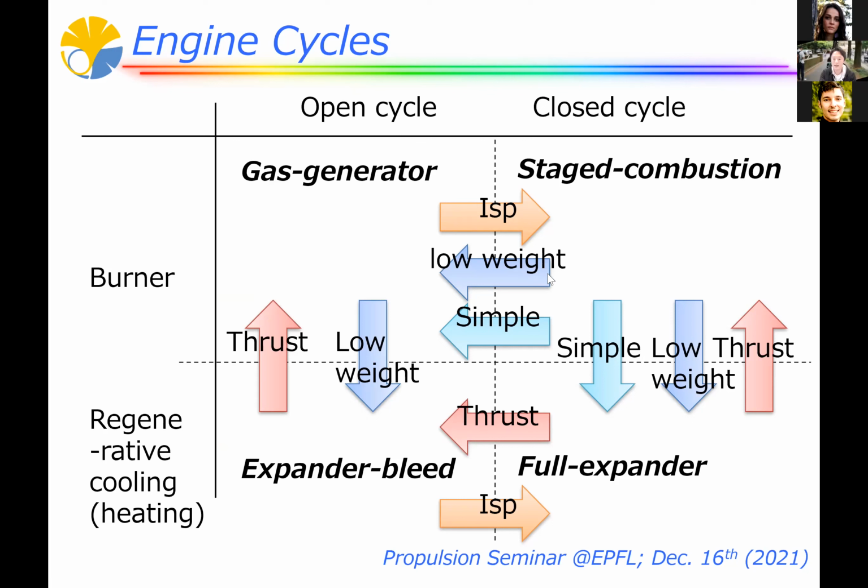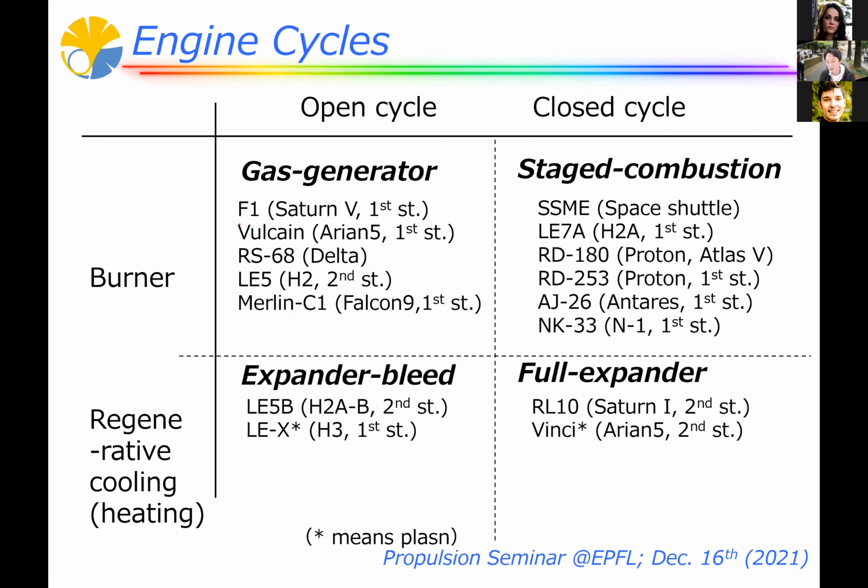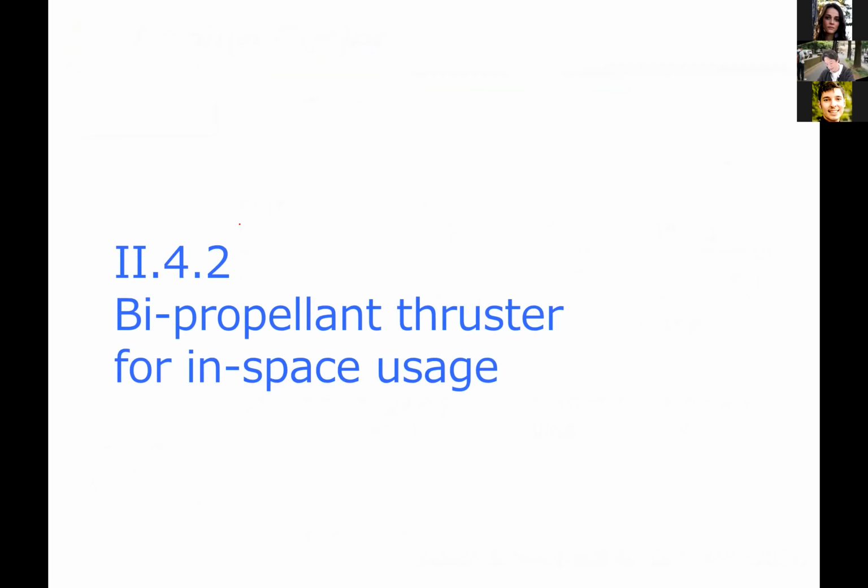So the recent trend would be gas generator. Performance is lower than staged combustion, but development cost as a system, total balance would be nice for this gas generator. Okay, so here I show some examples of the engines, but I skip.